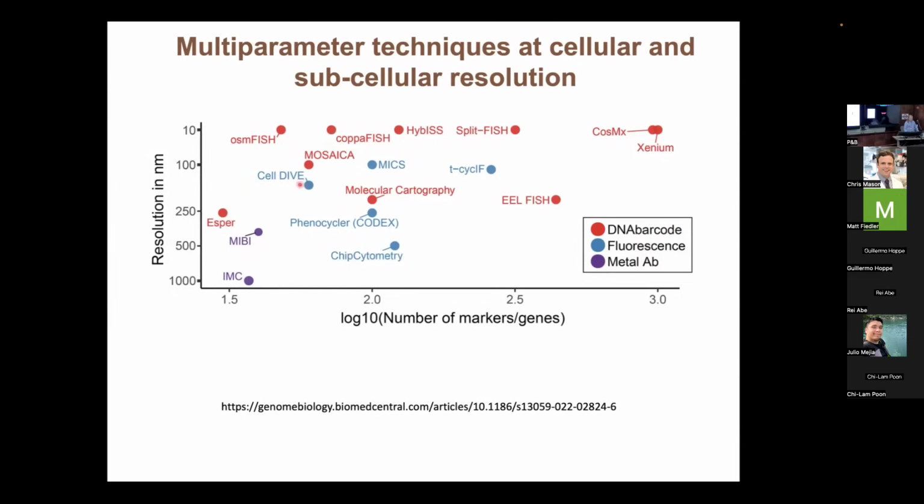There are also fluorescence-based approaches, which essentially use a fluorescent barcode type of approach to help delineate that. As a result, they're able to get greater plex of markers. But again, there are certain caveats with those technologies which the metal antibodies don't suffer from.